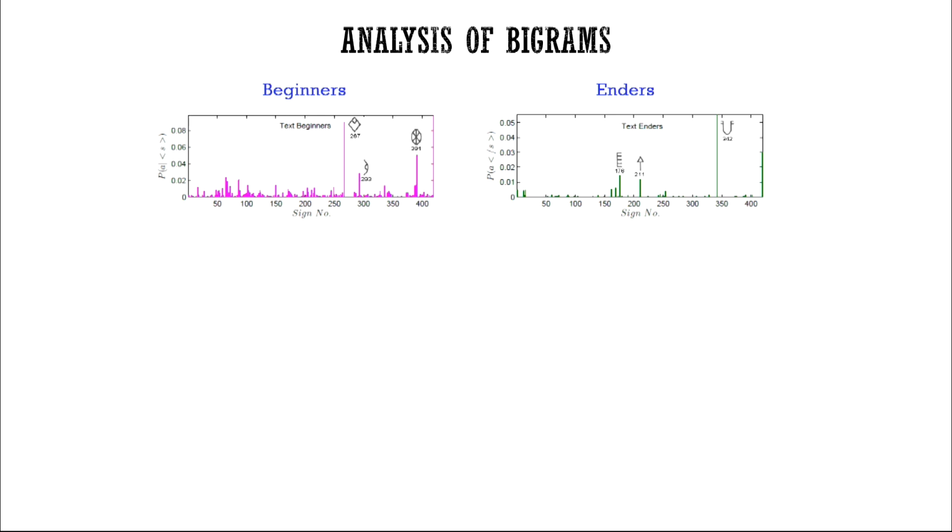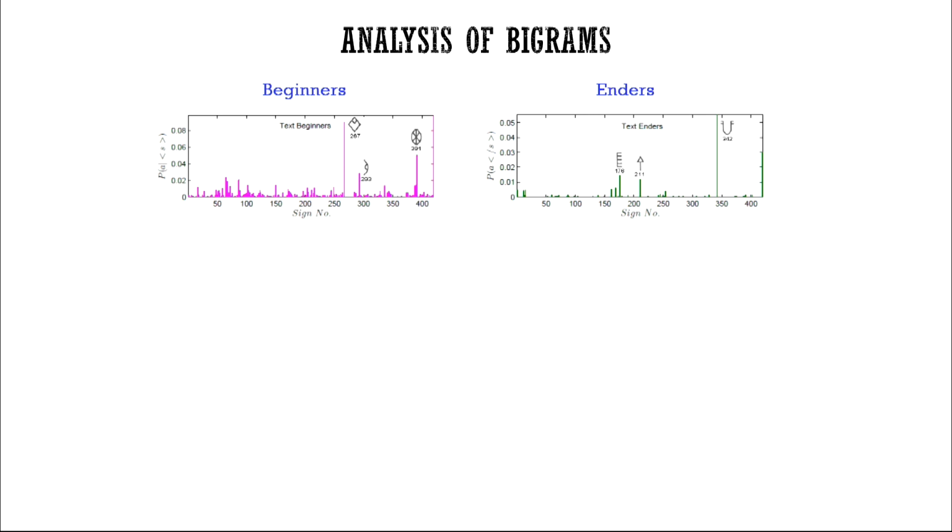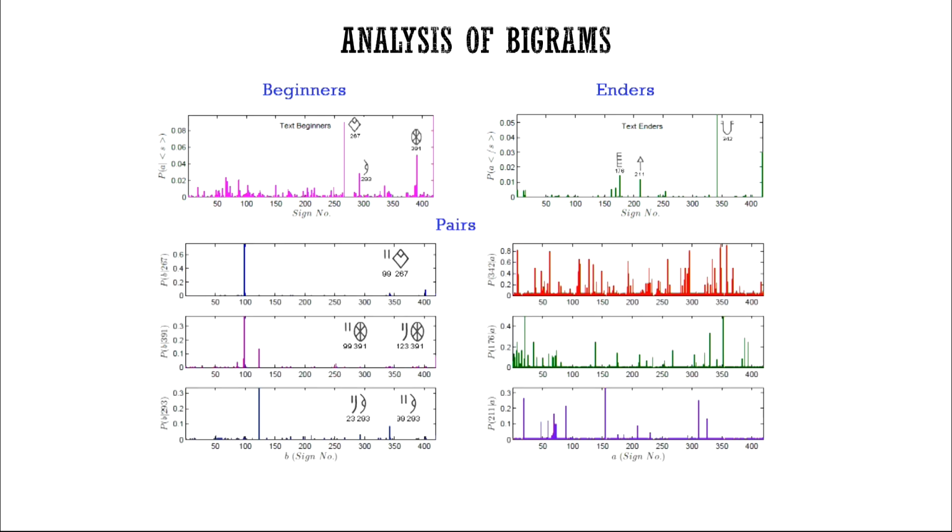So these are the initial observations which I already showed you, and I'll quickly go over them. I already showed you the three main text beginners. If you query which sign most often comes at the beginning, these three signs stand out. Similarly, we can make this query for the text enders.